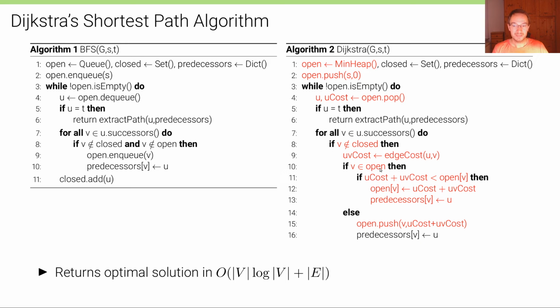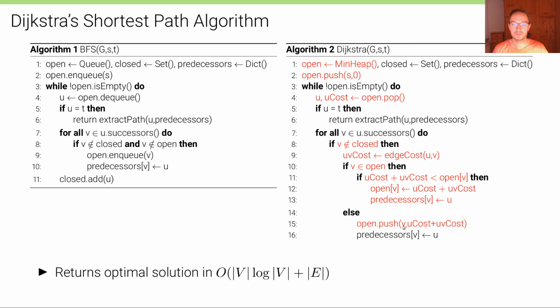If v is not already in the open min heap, we simply push v to the open min heap, and we store for v the costs that were required to get from the source to node u, which is u cost, plus the edge cost uv.